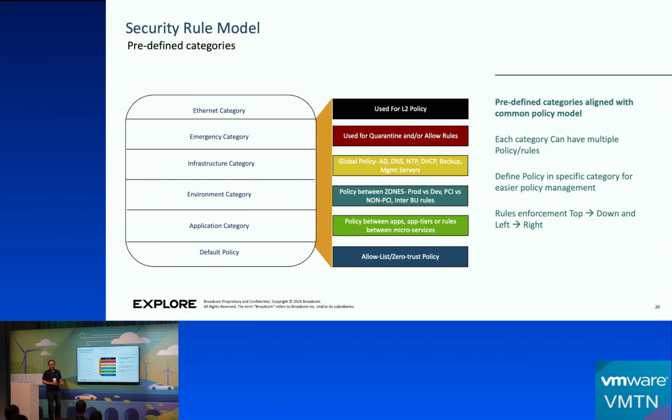There are different use cases, but one common use case is if a customer suffers from a ransomware attack or zero-day attack, you may want to create a policy to block that attack vector as quickly as possible, or TTP, tactics, techniques, and procedures. That is what the emergency category can be used for, sitting on top of the rest of the categories.